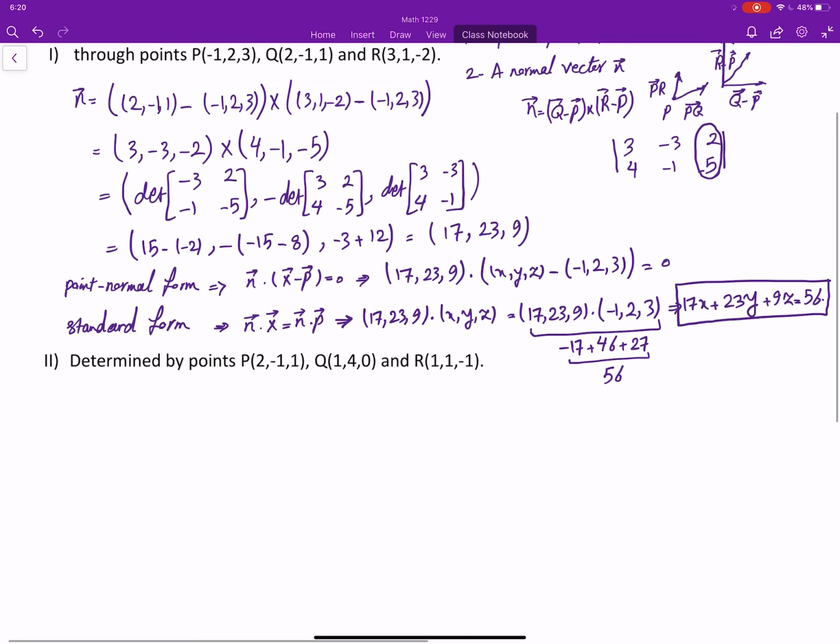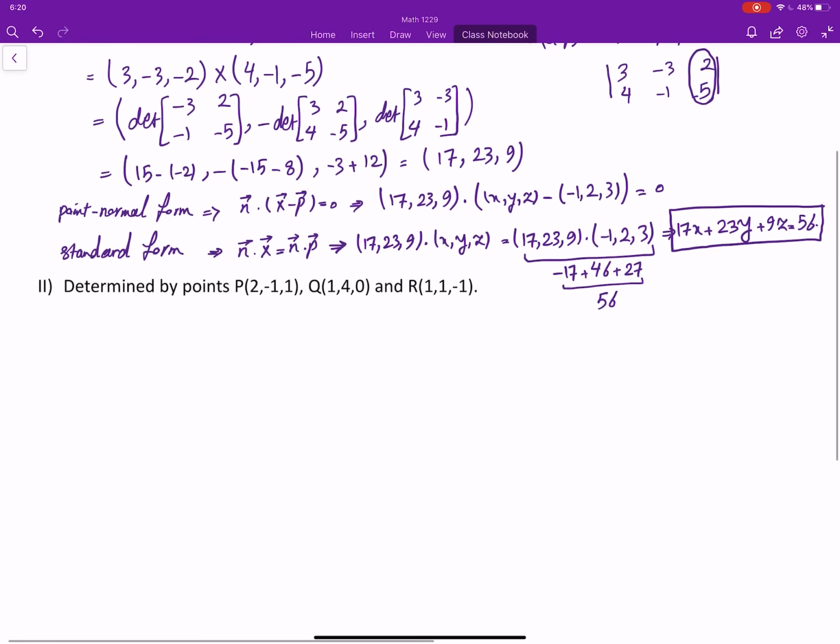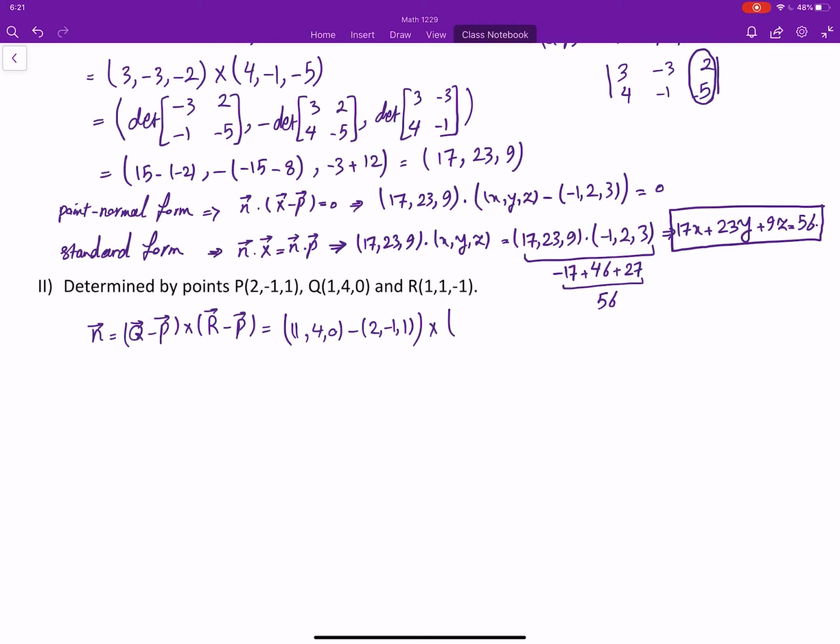Okay, how about this other one? We will follow exactly the same steps. So n is q minus p cross r minus p. In other words, (1, 4, 0) minus (2, -1, 1), cross (1, 1, -1) minus (2, -1, 1).